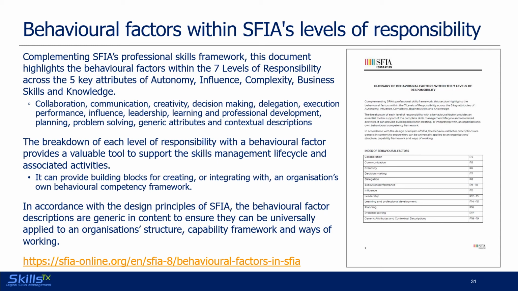There's also some elements in here which are not strictly behavioural factors, they're more generic attributes, particularly around knowledge, and there's also some contextual descriptions there. So this document is available to download from the Sofia Foundation website, and as I say, it's been updated to align to the Sofia 8 content descriptions.